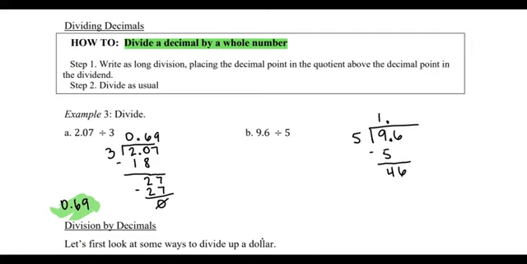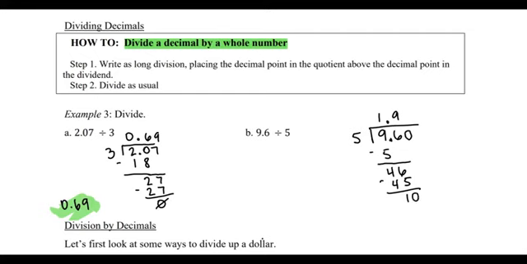5 goes into 46 9 times, which gives you 45. 46 minus 45 is 1. There is no remainder here, but since I don't have any more digits, I can always write a 0 in. I can write as many trailing zeros as I need to.